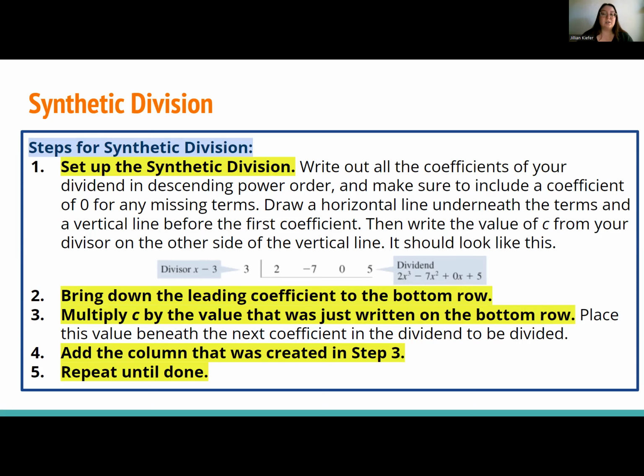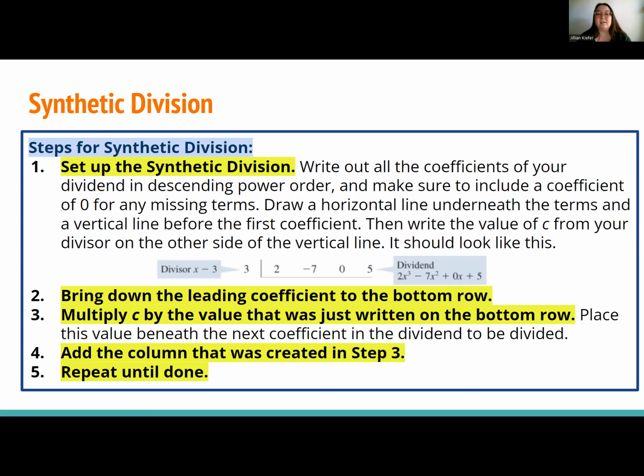Then you would draw a horizontal line underneath all of those terms. You're drawing the upside down house, with the vertical line before the first coefficient on the left. Then write the value of c. Remember, the divisor is x minus c, so you take that value of c and write it in front of that vertical line, outside of the house.